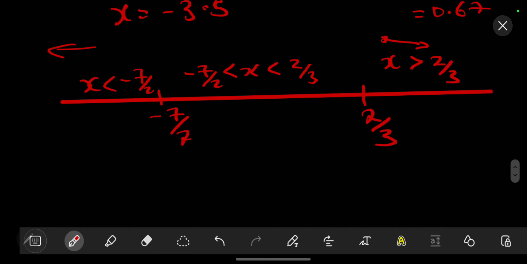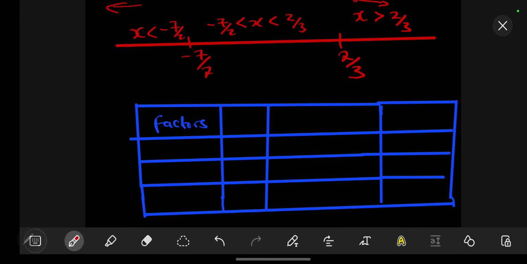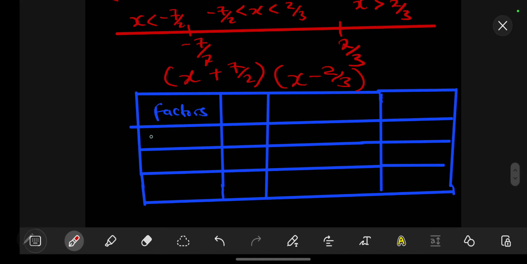Now when we do this, let's come up with our table now. So our factor, the equation was equal to x plus 7 over 2. We also have another one which was our x minus 2 over 3, like that. So these were our factors. So we can say that we have our x plus 7 over 2.